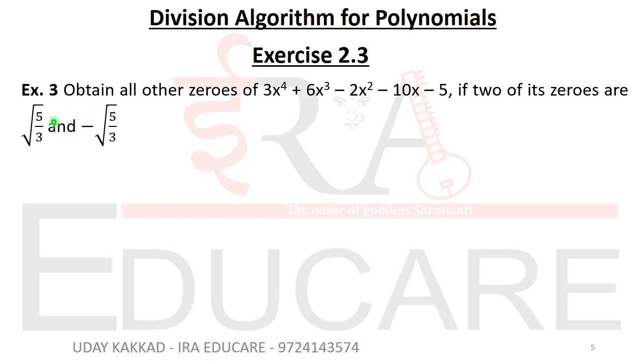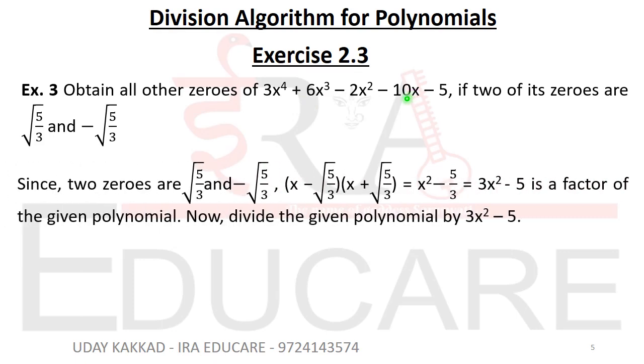You have another root, square root of 5 upon 3 and minus square root of 5 upon 3. These are the 2 zeros, so find the polynomial from these 2 zeros and divide this polynomial by that resultant polynomial. Let's see that. By using these 2 zeros, you get 3x square minus 5.